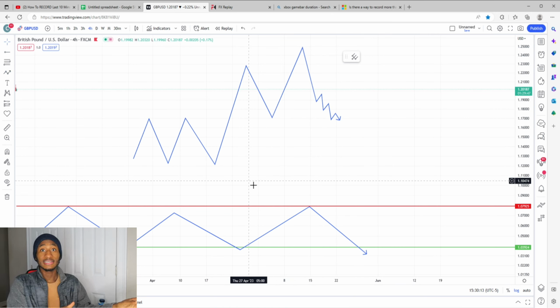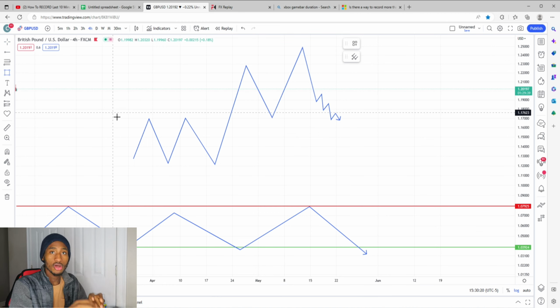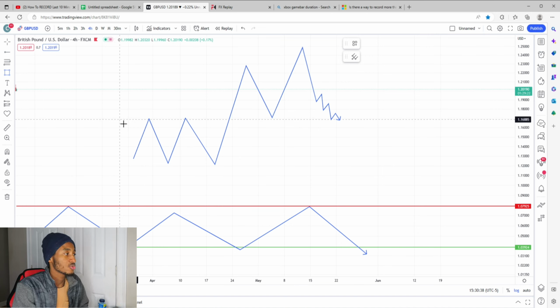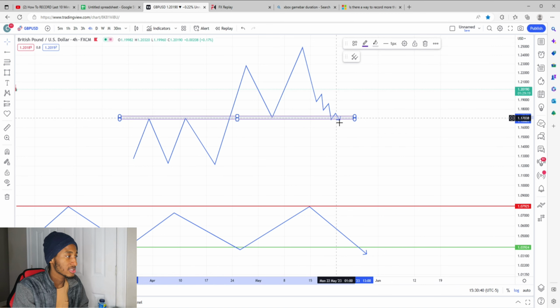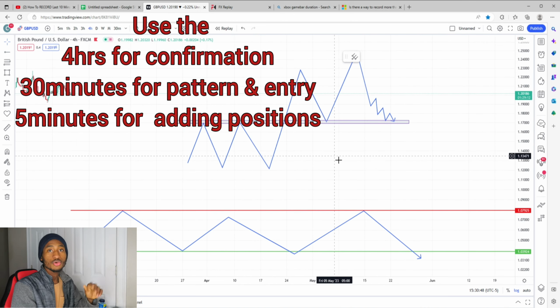Another confirmation you want to use is a strong support and resistance on the 4 hours or the daily, mostly the 4 hours, because we're looking at the RSI on the 4 hours. We want to identify if the RSI is oversold or overbought on the 4 hours, so we look at the support and resistance on the 4 hours. Let's say we see something like this. This is exactly how you want the market to look.